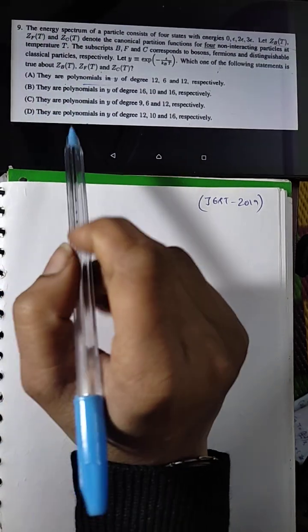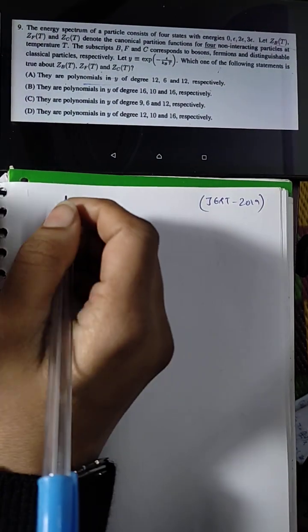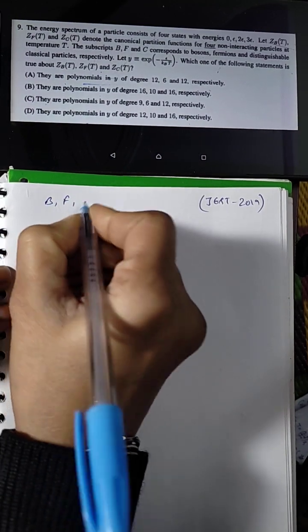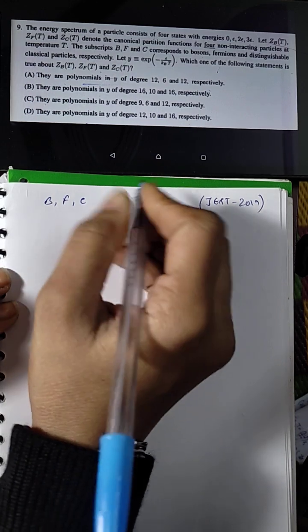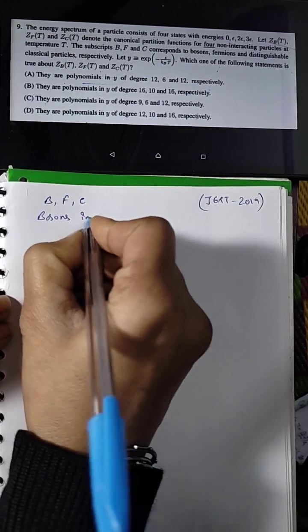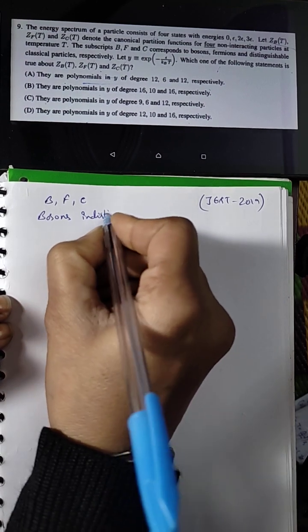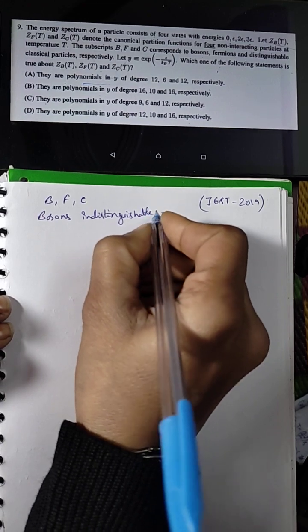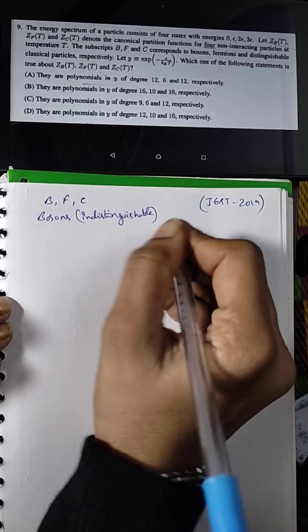So this is the question given. They said bosons, fermions and classical particles, right? Bosons are indistinguishable, we cannot identify the difference between them.